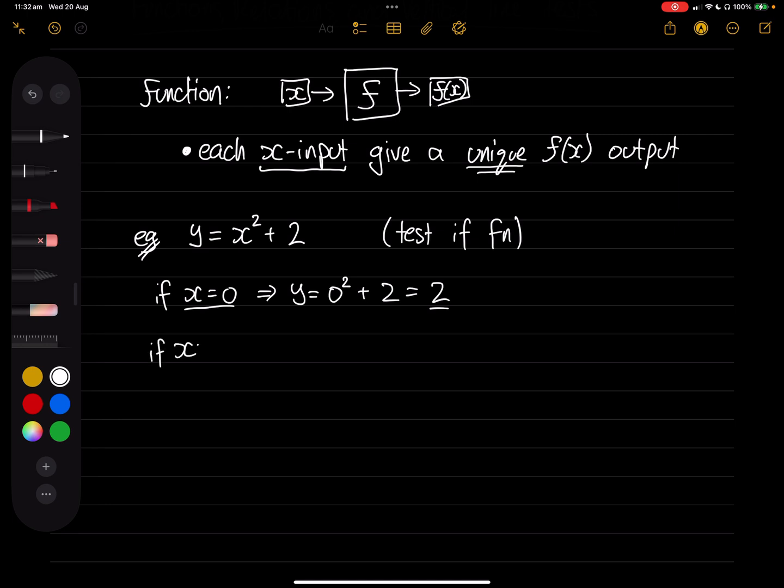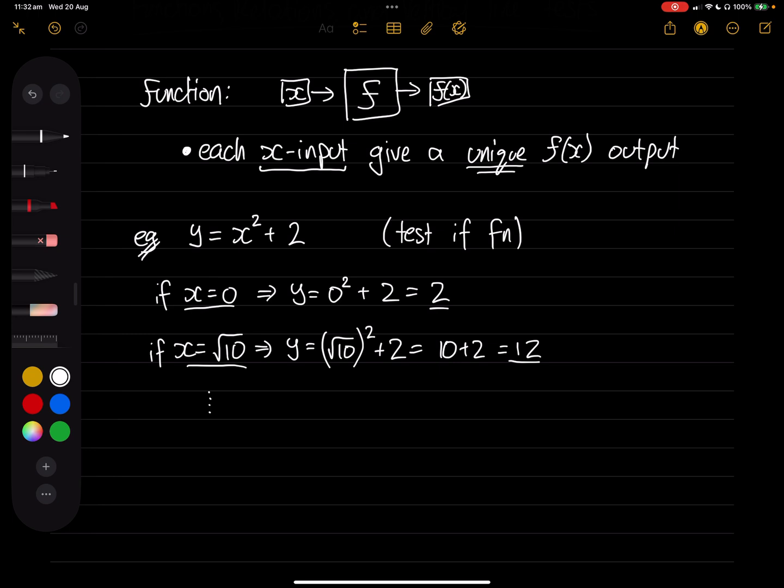What about if x is maybe the square root of something, the square root of 10? Well, we'll find that y is the square root of 10 squared plus 2. Well, square root of 10 squared is 10, that's 10 plus 2, that's 12. So a single input gave us a single output. And you can do this all day, right? You can do endlessly many of these.